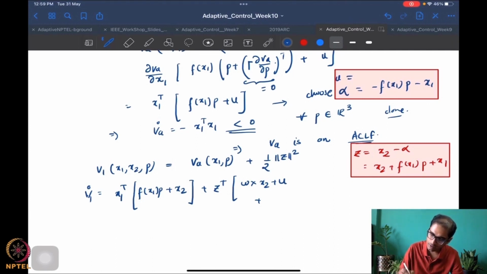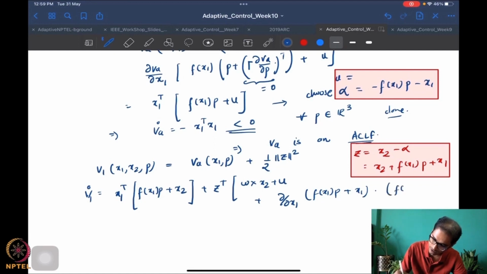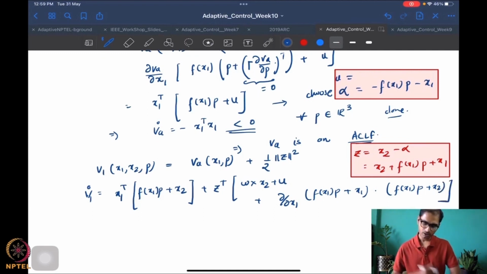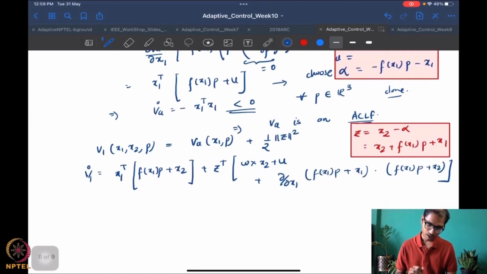I think I'll not get into the detail that much for this. I will just call this del x1 of f(x1) p plus x1 times x1 dot, which is f(x1) p plus x2. Alright, so that is the expression.